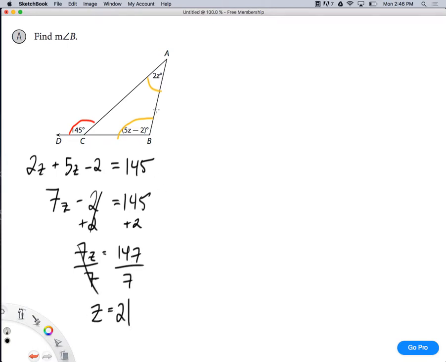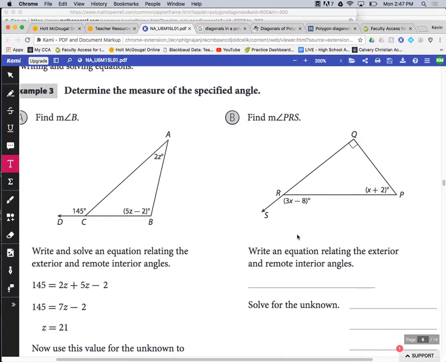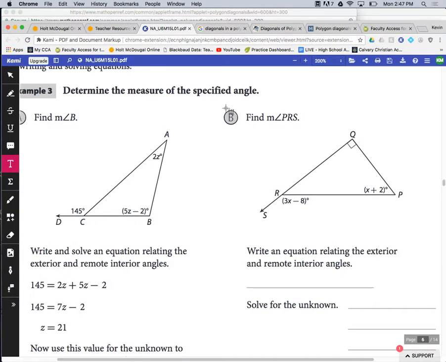Now, that's not exactly what it asked for. It said find the measure of angle B. So I plug it in. 5 times 21 minus 2 is 105 minus 2, which is 103 degrees, your final answer. Does that make sense? Okay. Now go ahead and do example B on your own, please.